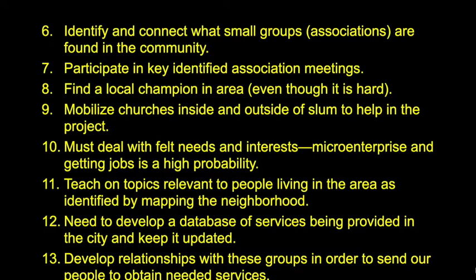Mobilize churches inside and outside of the slum to help in the project. Must deal with felt needs and interests, like micro-enterprise and getting a job with high probability. Teach on topics relevant to people living in the area, as identified by mapping the neighborhood.